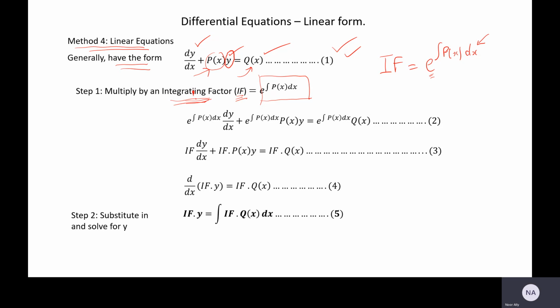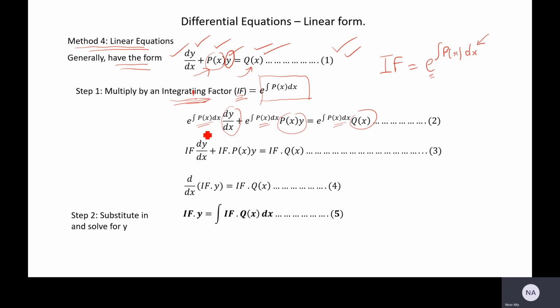That is actually the exponent of the base e. So we take that integrating factor and multiply every term that you see there by the integrating factor. So it will be e to the power integral p dx times dy/dx plus p(x)y equals q(x). So I took equation 1 and multiplied every single term by e to the integral of p(x) dx.